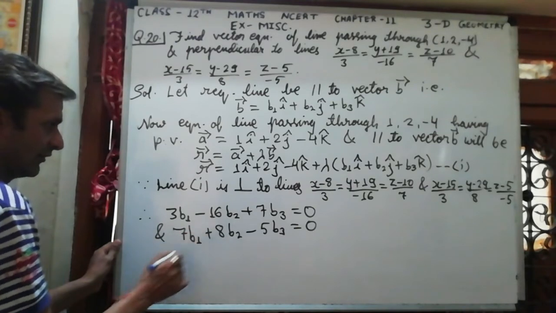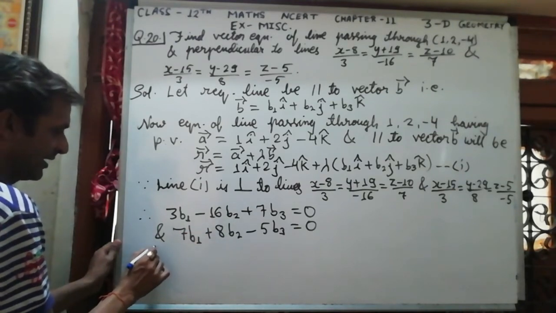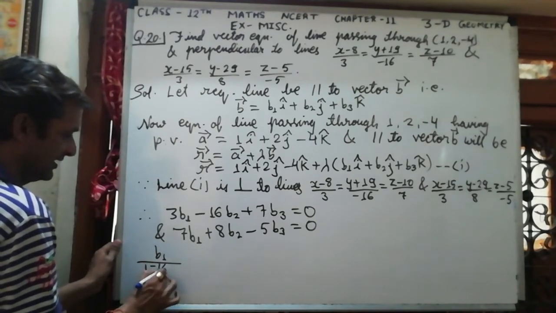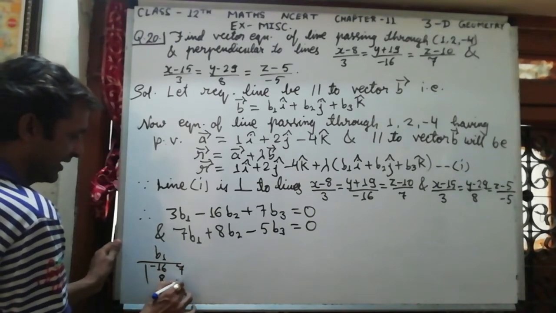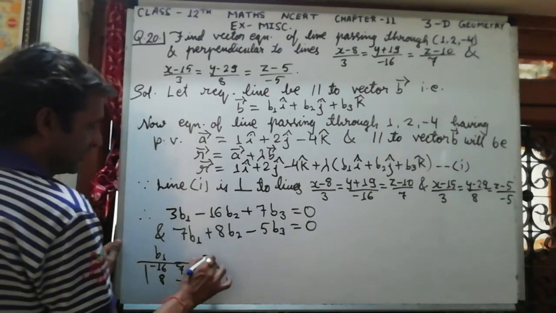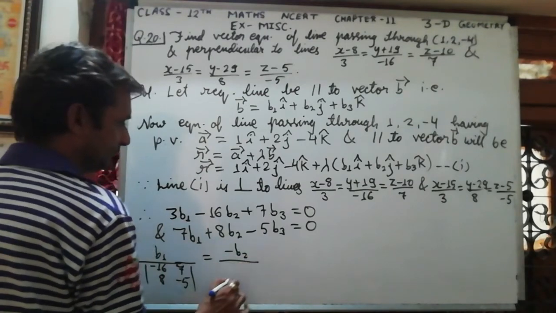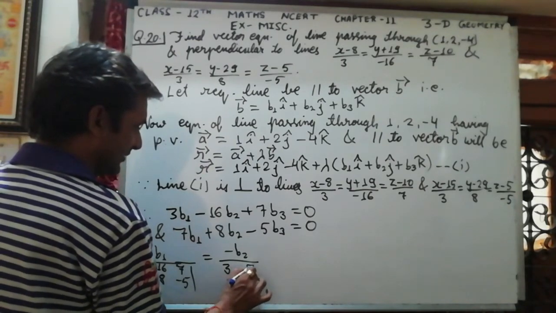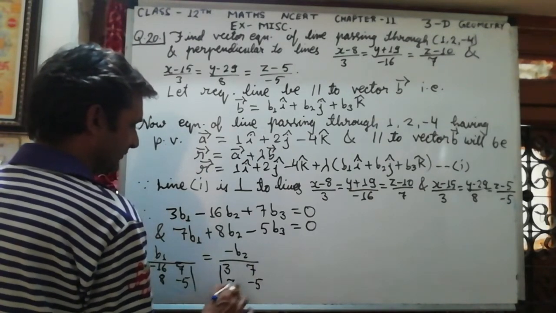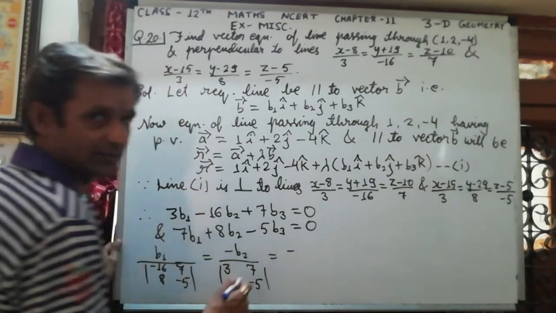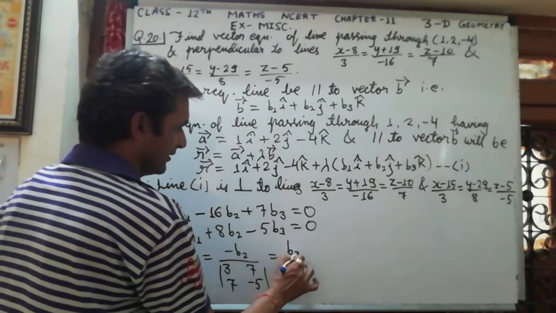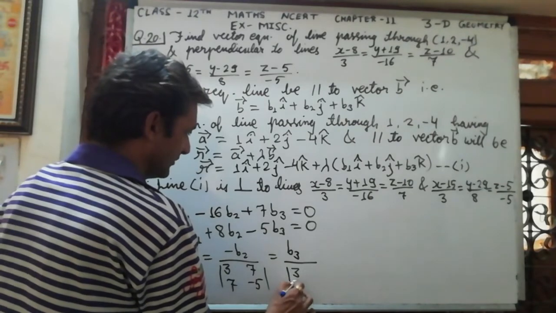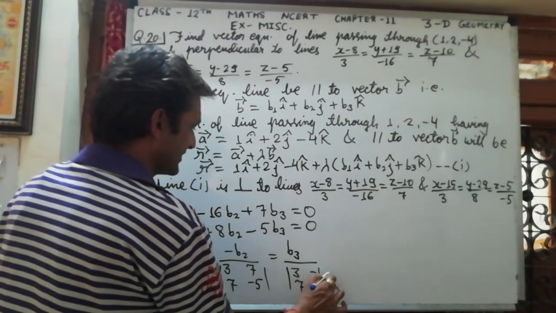On solving this, it will become b1 upon (minus 16, 8; 7, minus 5) equal to minus b2 upon (3, 7; 7, minus 5), in determinant form by the cross multiplication method, and equal to b3 upon (3, 7; minus 16, 8).